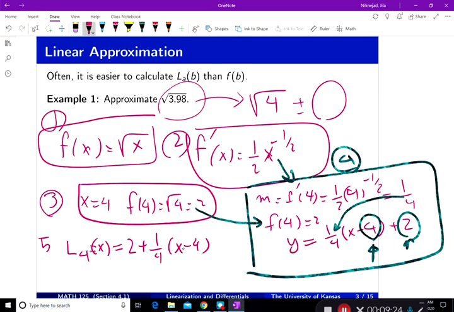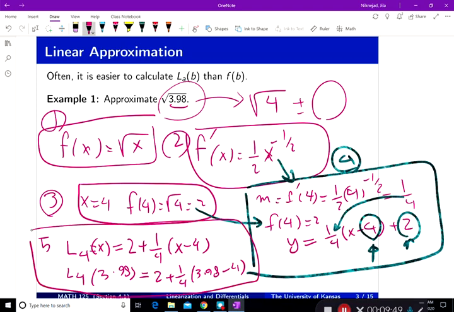Now plug in the point that you're approximating for, the input that you're approximating for. What is that? That's the input. So you plug in L sub 4 of 3.98, and you get 2 plus 1/4 of 3.98 minus 4. And then you compute that value, and that's going to be your approximation.